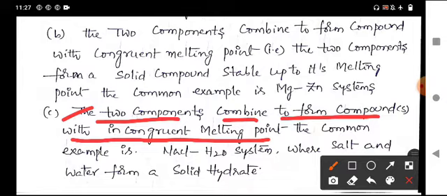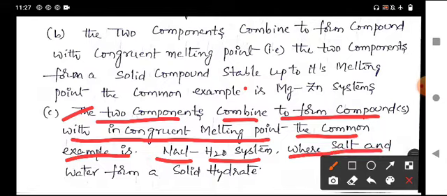Such a melting point is called an incongruent melting point. The common example is the sodium chloride water system where salt and water form a solid hydrate.